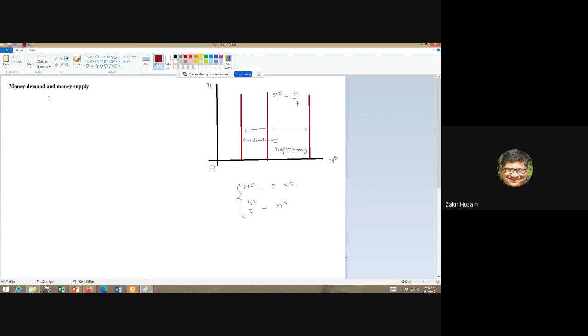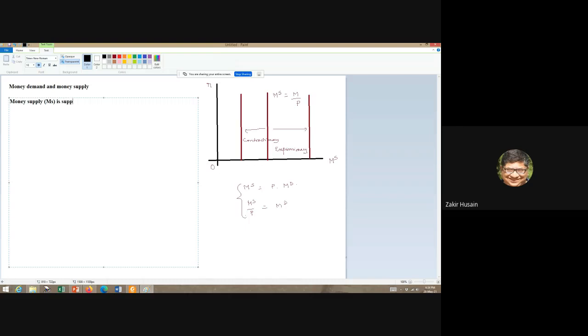So at any point of time, the money supply MS is supposed to be constant.